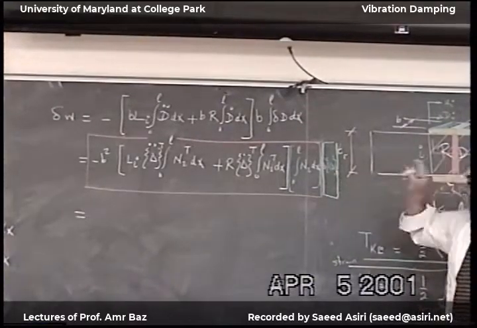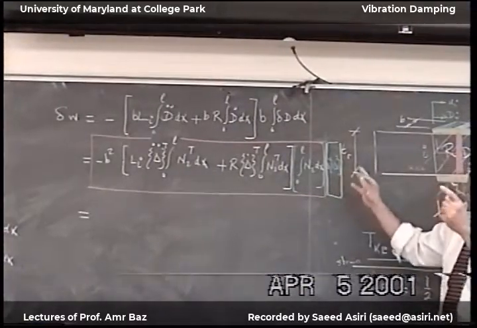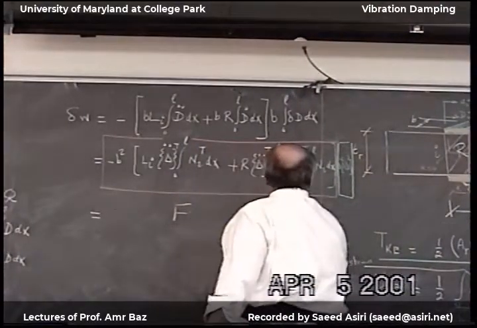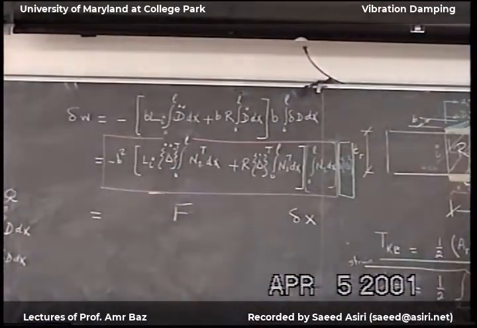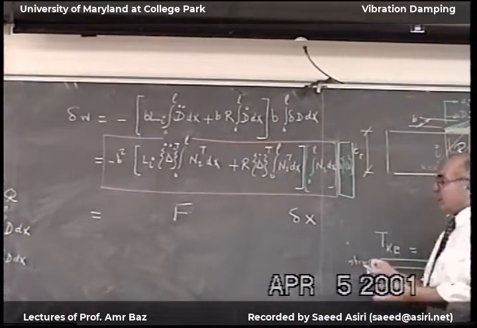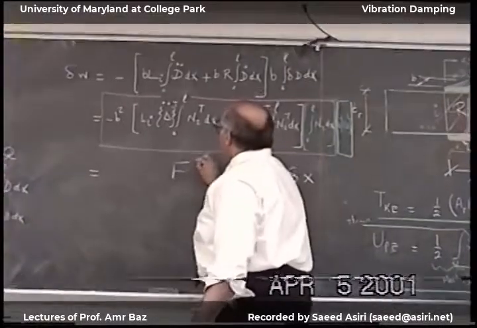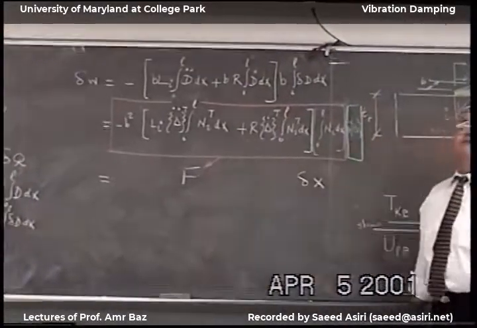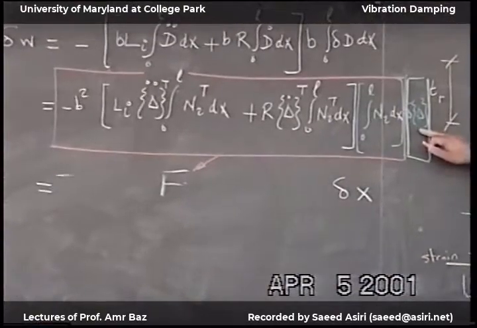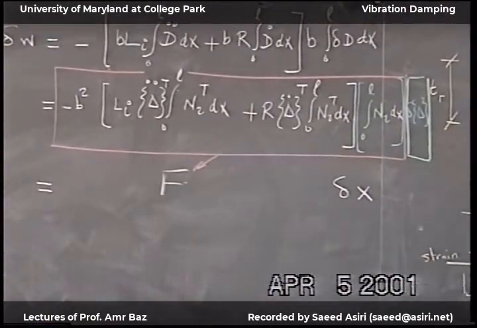My deflection is delta, so this is very similar to force times del x. So all the terms inside this red bracket, this box, are my non-conservative force acting on the system, and this is my virtual displacement vector.